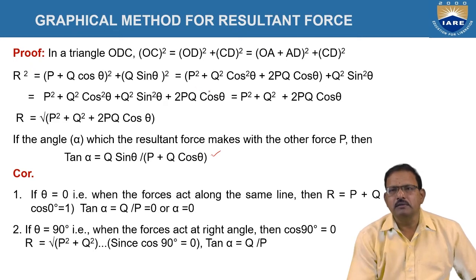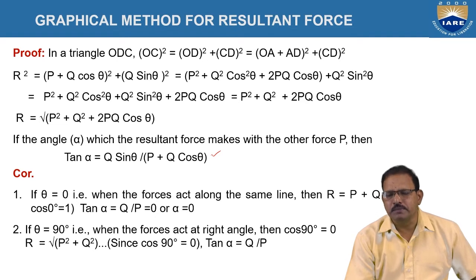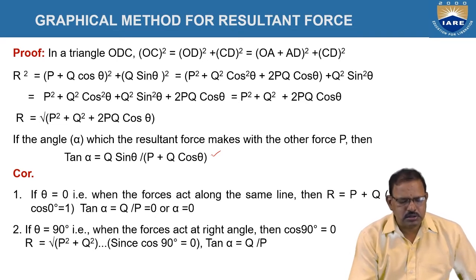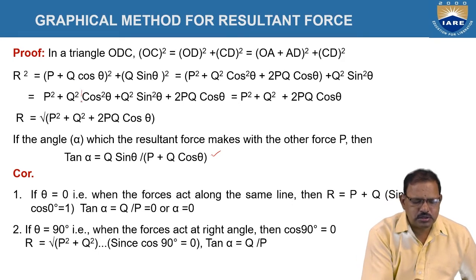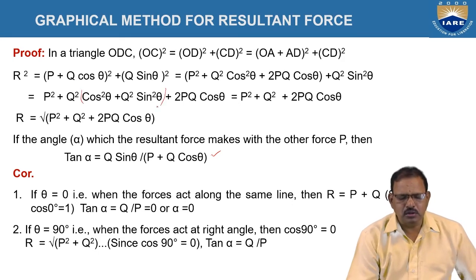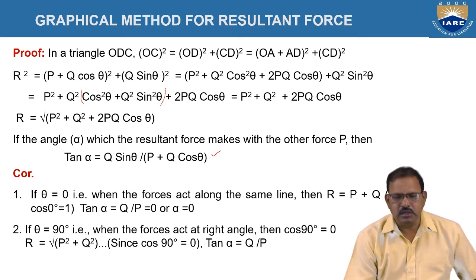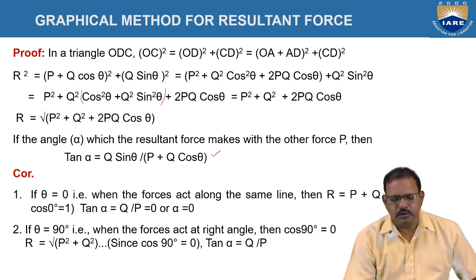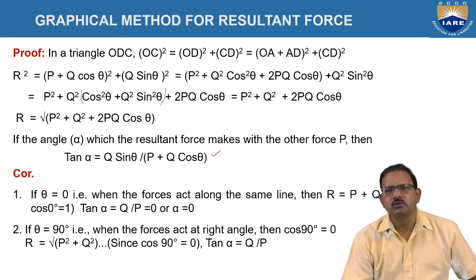On expansion we get P square plus Q square cos square theta plus 2PQ cos theta plus Q square sin square theta. Taking Q square as common, cos square theta plus sin square theta becomes 1, plus 2PQ cos theta. So the final conclusion is R square equals P square plus Q square plus 2PQ cos theta, or R equals the square root of P square plus Q square plus 2PQ cos theta.